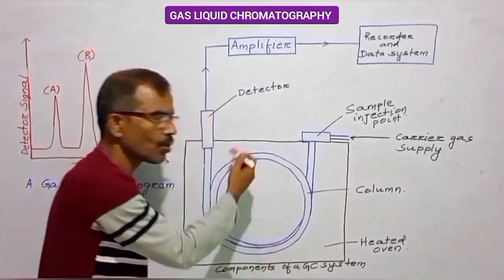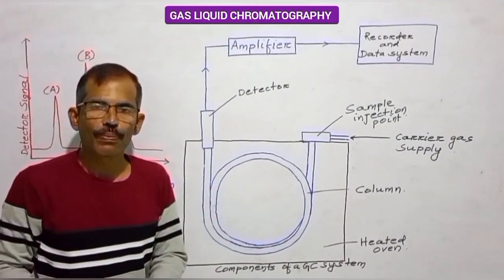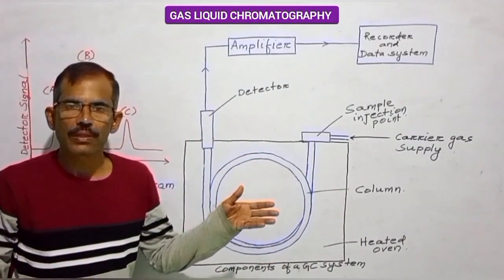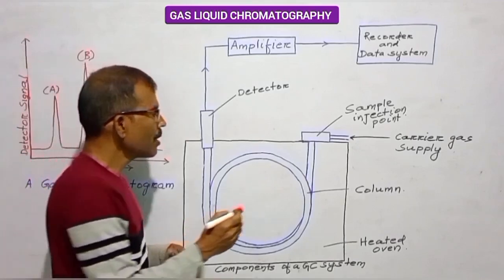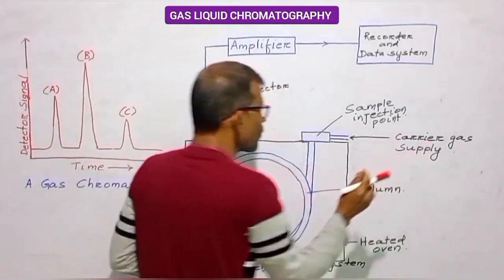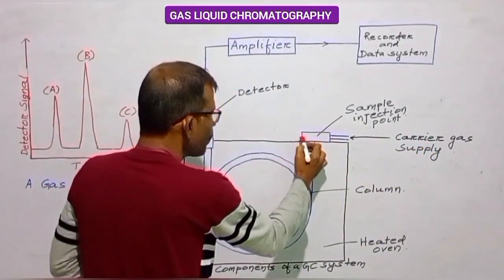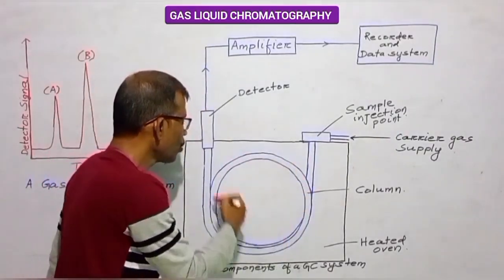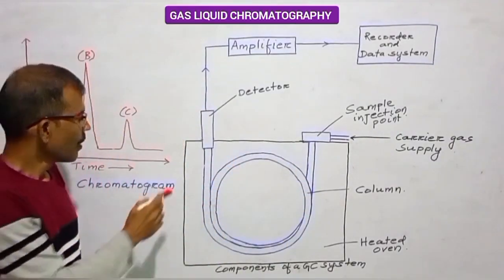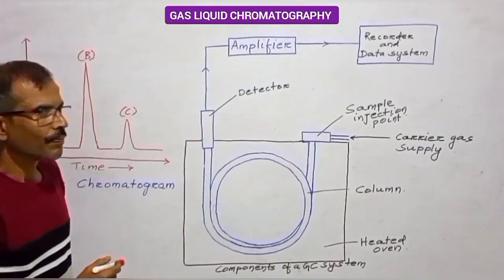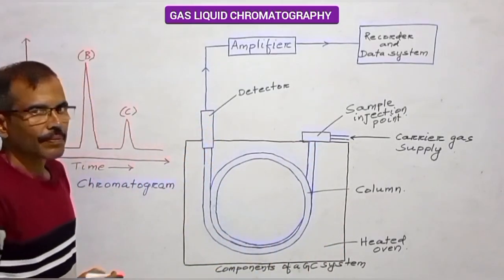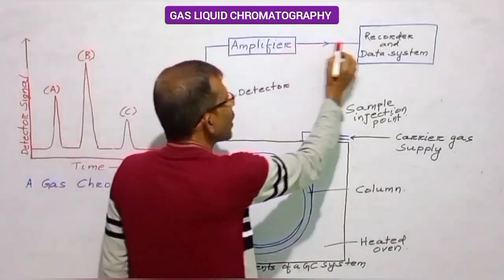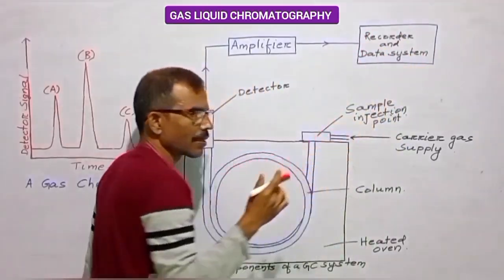This figure shows the major components of a gas-liquid chromatography system. The components are a carrier gas supply, a sample injection point, a long column which has been coiled, the heated oven, a detector, the amplifier, and a continuous recorder.